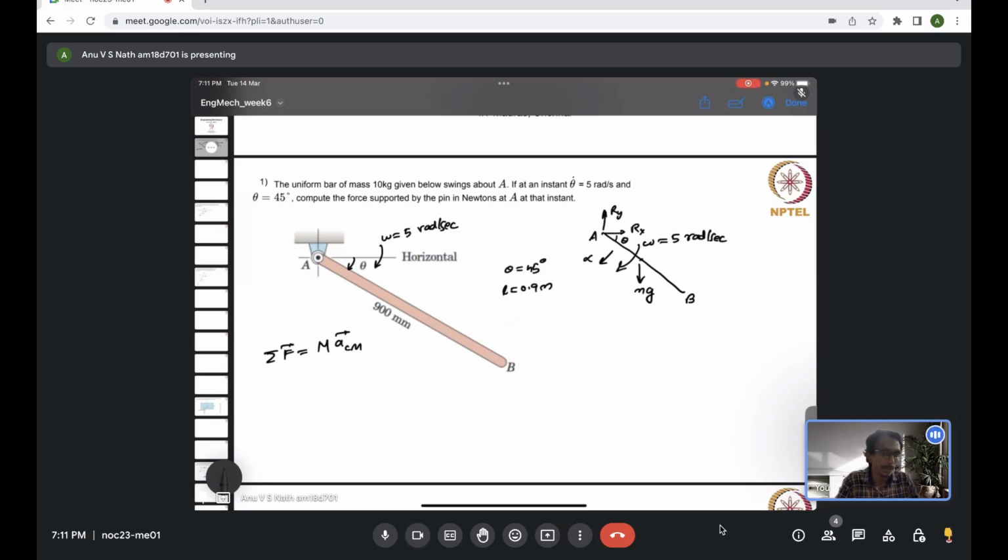So if you look in the x direction, we have Rx, the horizontal reaction at point A, and there is no other horizontal force acting on it, so this will be mass times its acceleration in the horizontal direction, let's say Ax. And for the vertical forces, there is a reaction force Ry acting at point A and an mg. Total mass I used to denote with small m, so let me use that.